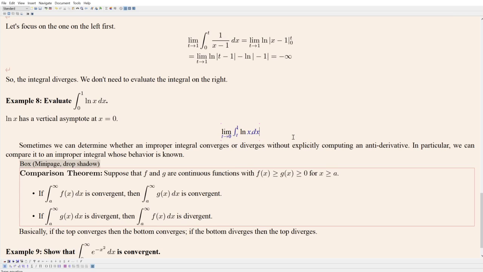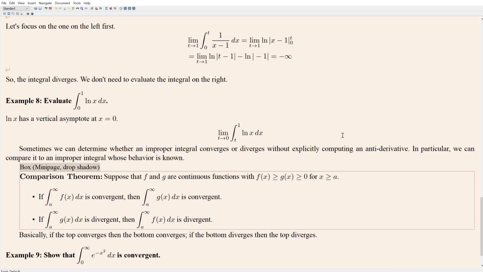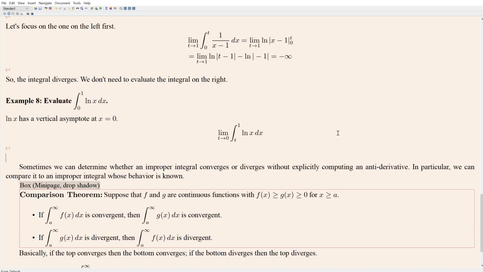Natural log of x. Now I don't remember if we've actually ever done this one. You can do this with integration by parts. Yeah, let's go ahead and do that, because that's a good one to be able to do on your own, just in case you forget this thing.